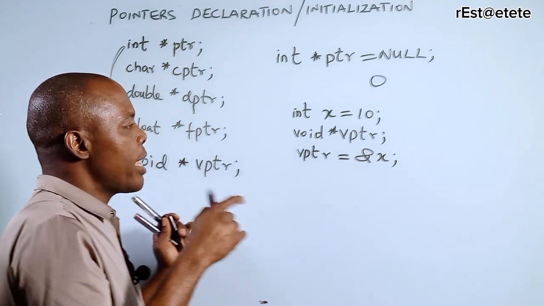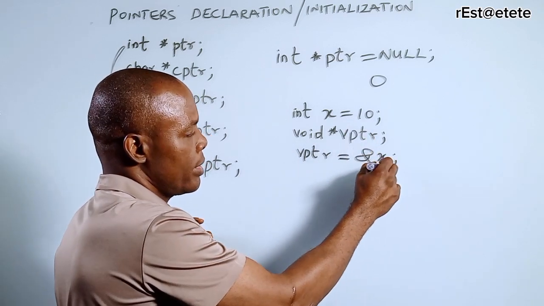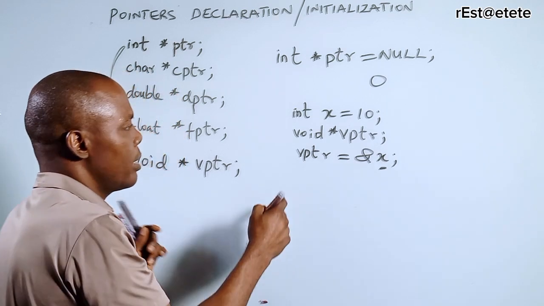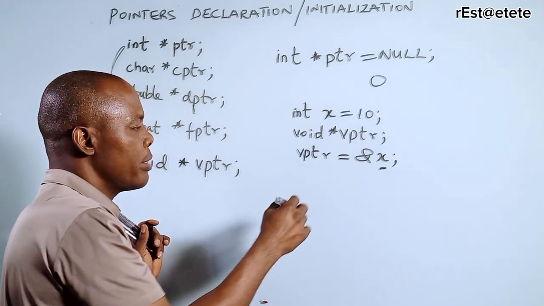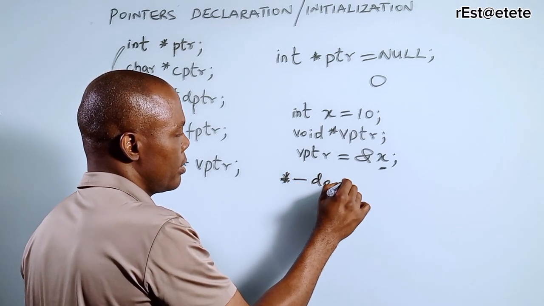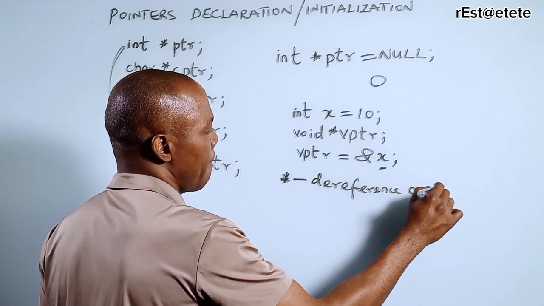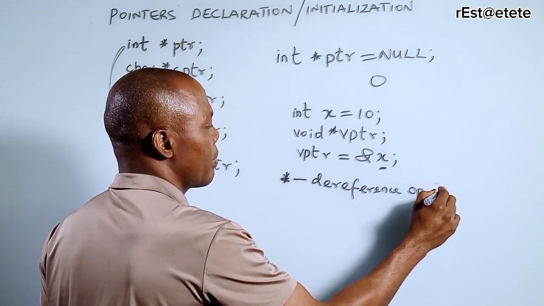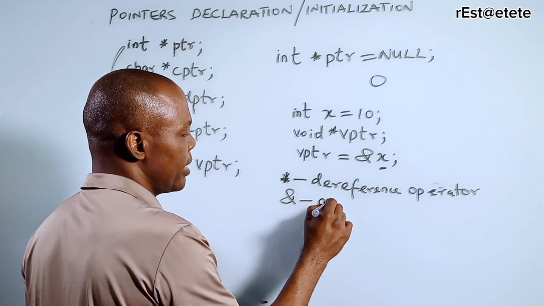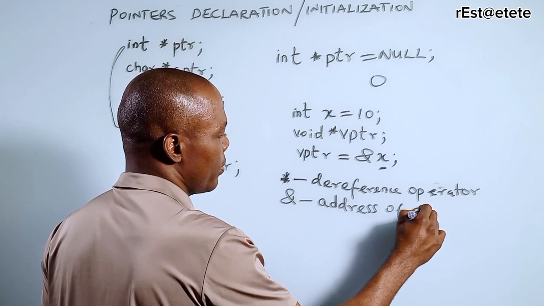But the issue now is if I'm going to dereference this x, I have to typecast it. What do I mean by that? This is a dereference operator, while this one is the address of operator.